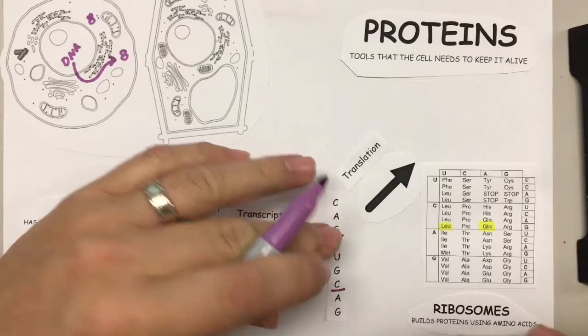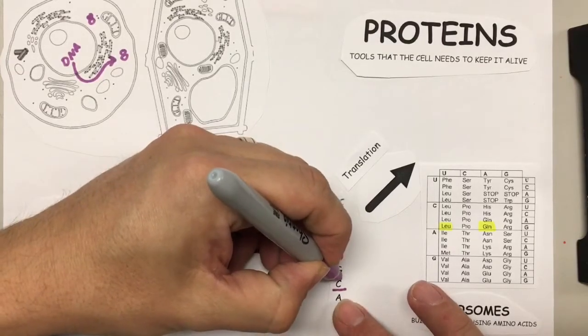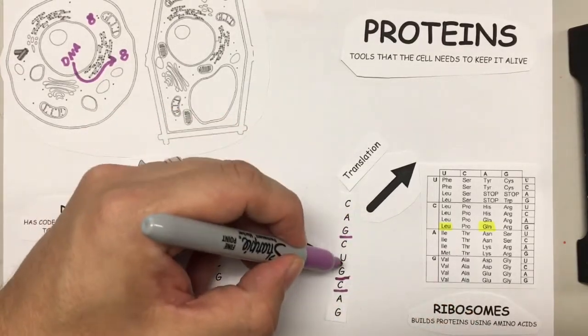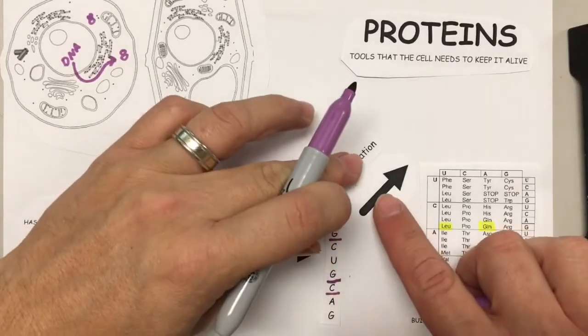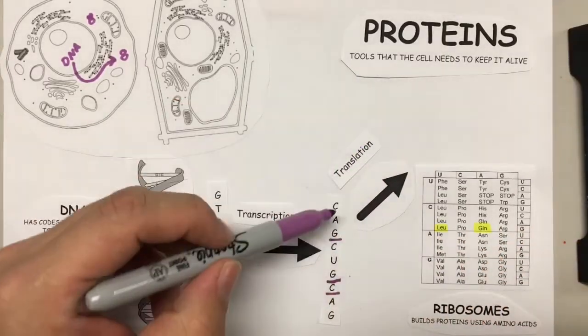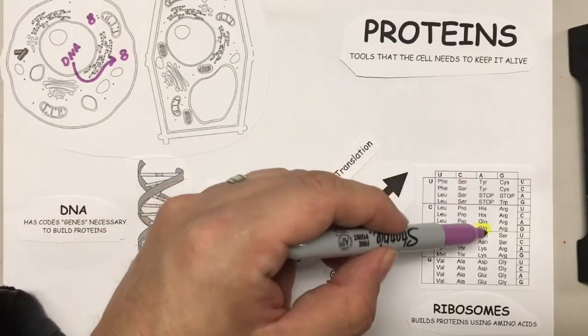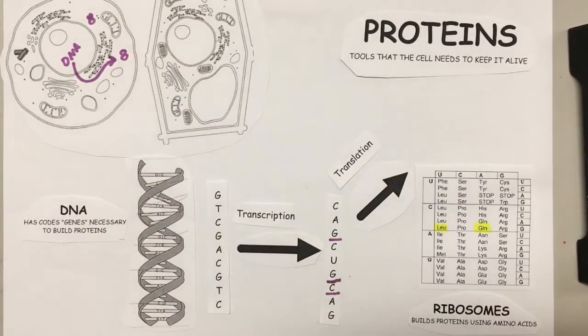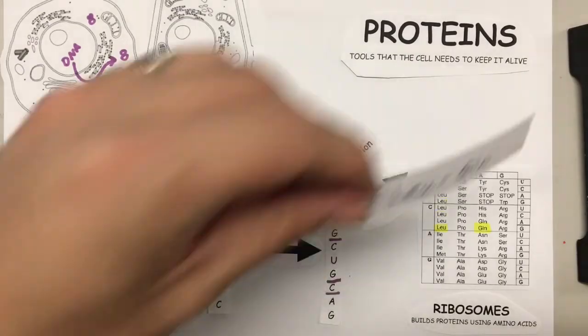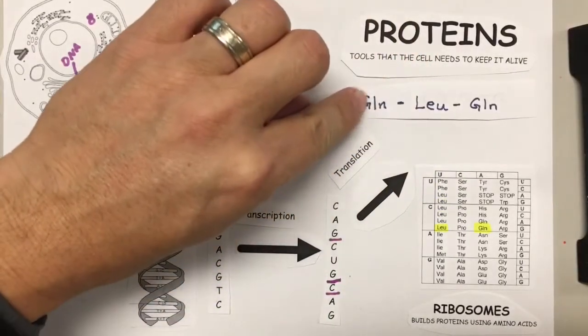If you take a look, CAG means glutamine, so the first amino acid in the protein would be glutamine.